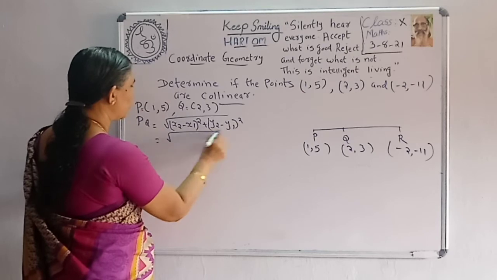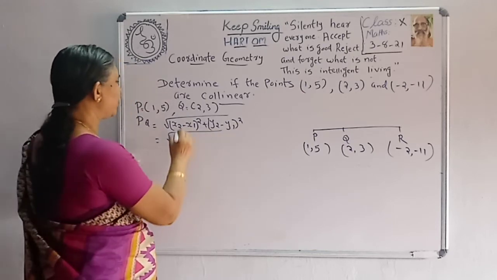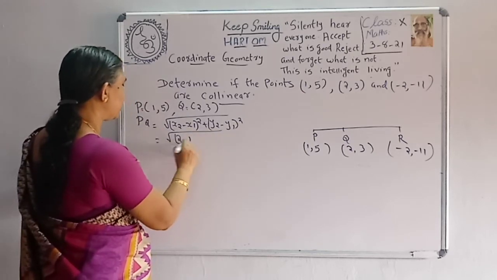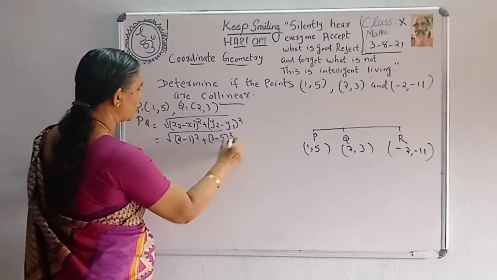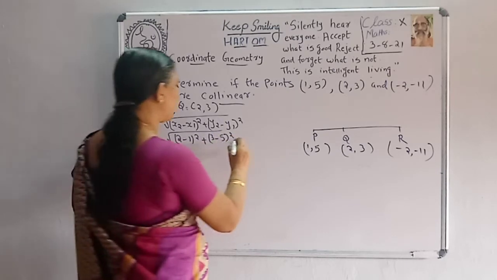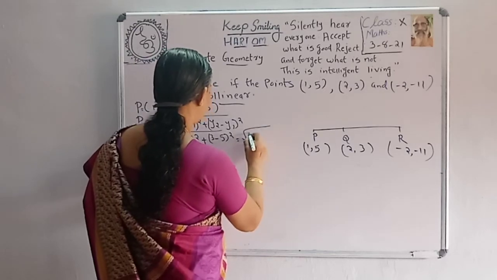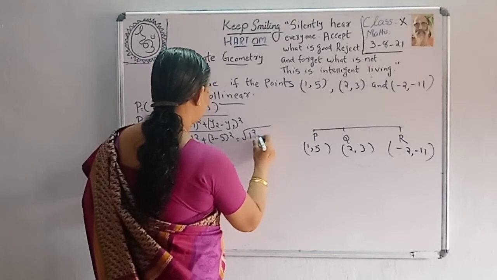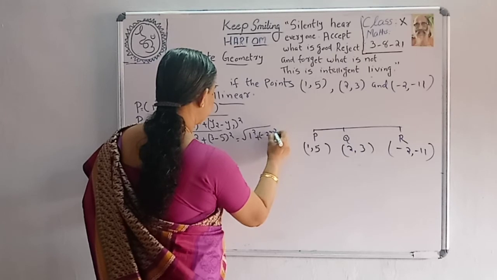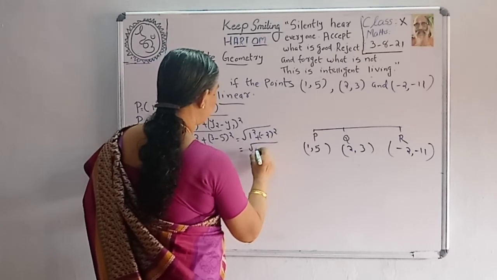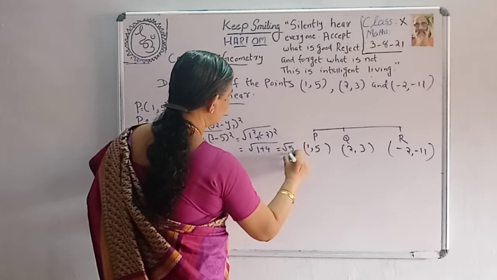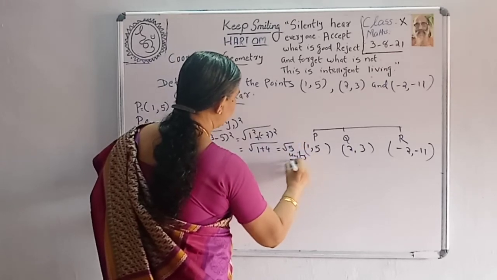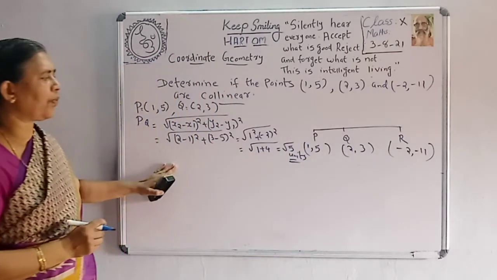That is the square root of (2 minus 1) the whole square plus (3 minus 5) the whole square, which is the square root of 1 square plus (-2) the whole square, the square root of 1 plus 4. Then PQ is equal to root 5 units.